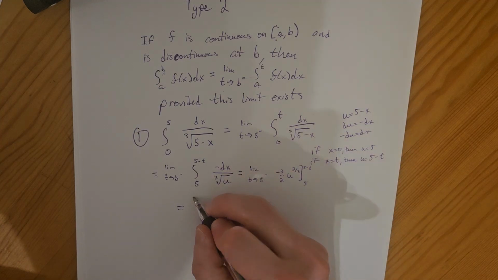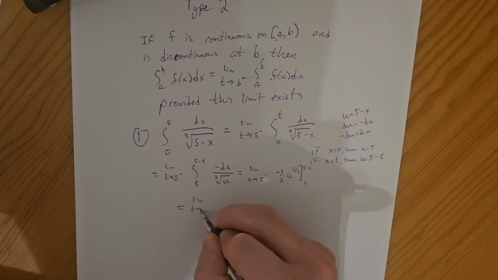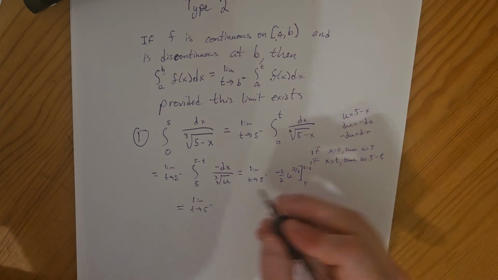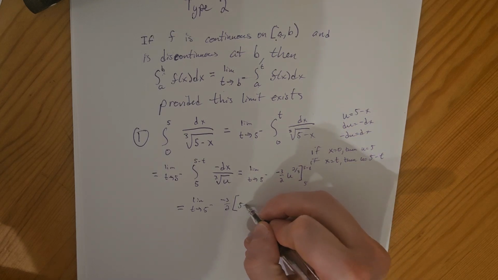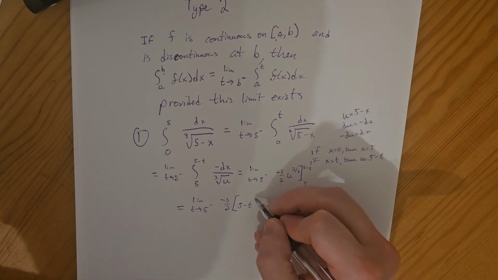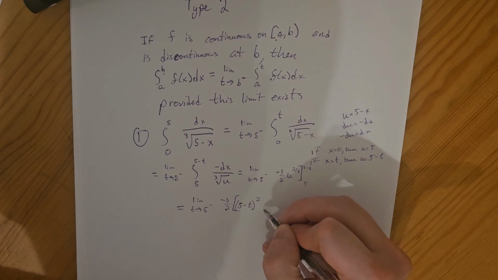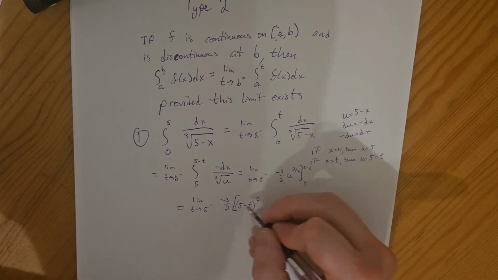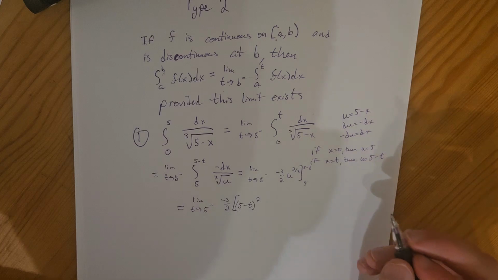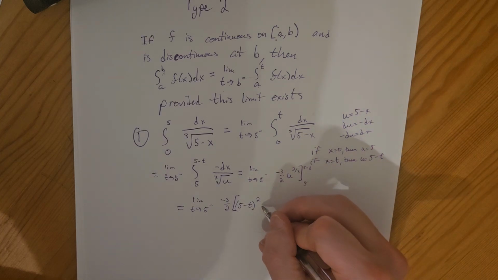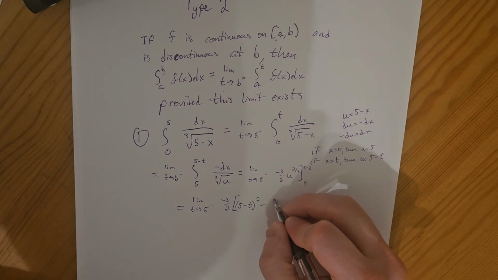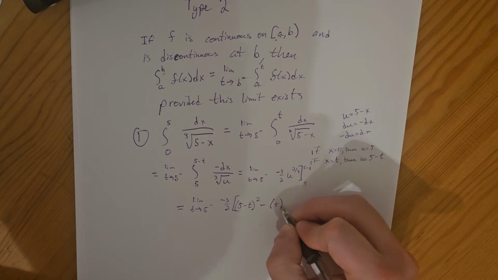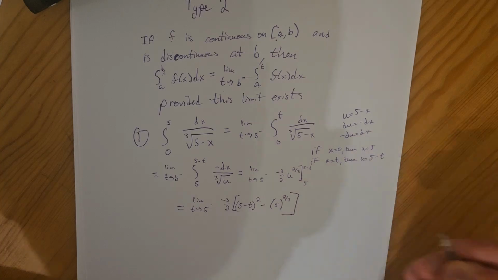This is equal to the limit as t goes to 5 on the left of negative 3/2 times 5 minus t to the 2/3 minus, or actually, I got this negative 3/2 factored out, so why don't I just do that, minus u, which is 5 to the 2/3.